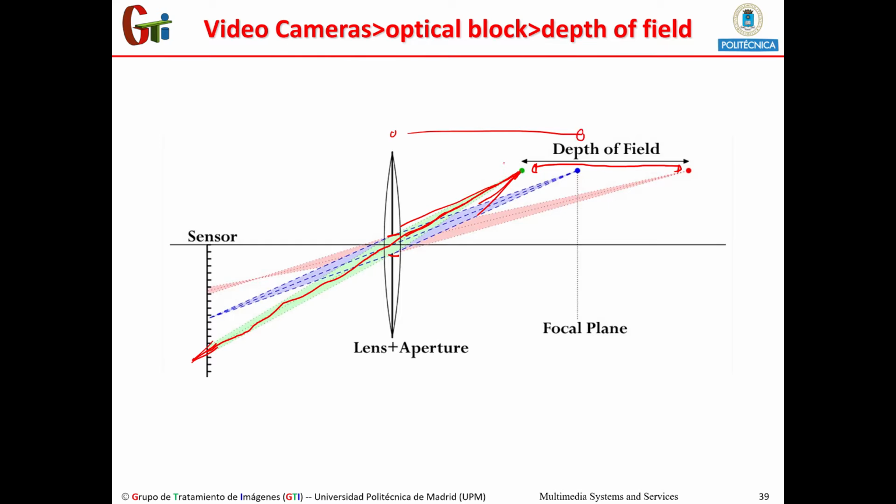It is unable to focus all the rays coming from all the different objects at different depths. So in this case, for example, as you can see, there are some objects that are correctly focused in this range, and others that are not correctly focused because the lens focuses just before or just after the sensor plane, and in the image they will appear blurred.